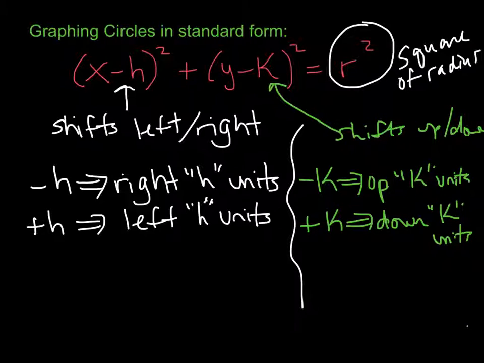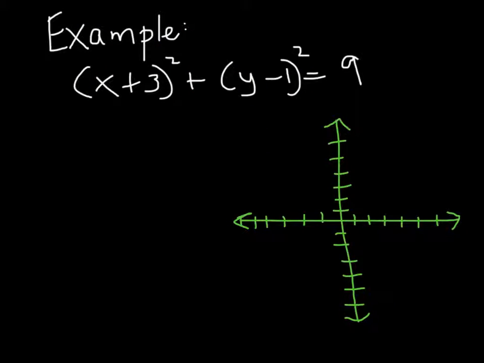Okay, so now I have one in standard form. It's x plus 3 squared, plus y minus 1 squared equals 9. I'm going to start at the end and say that I know my r is 3. My radius is 3, because that's the square root of 9. That's an easy one to graph. They're not as easy to graph if that's not a perfect square.